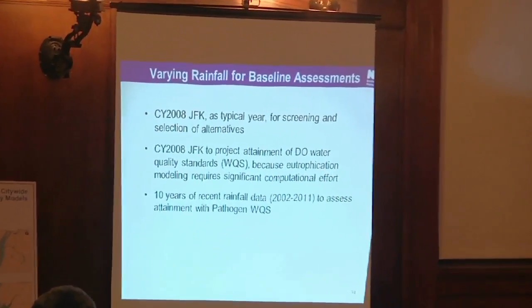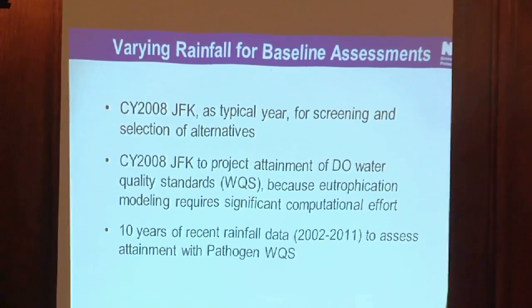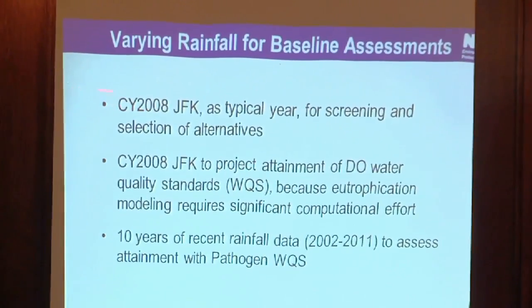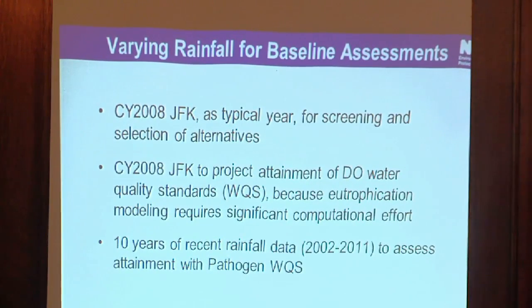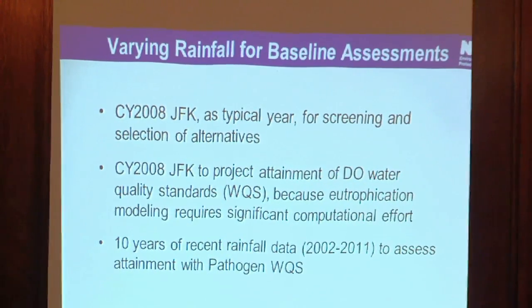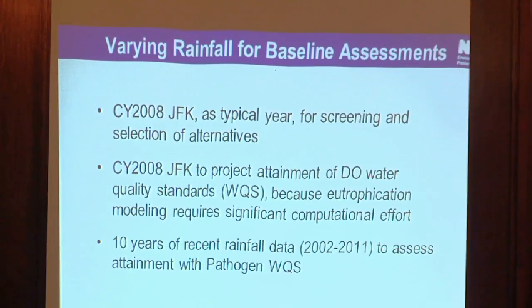The next step is, what are we going to do with these data sets? The calendar year 2008 data is going to be used for screening and selection of alternatives when we do this long-term control planning, and then for assessing the compliance to the dissolved oxygen water quality standards, because the eutrophication modeling that Tom mentioned takes a lot of significant computational effort as compared to the pathogens.